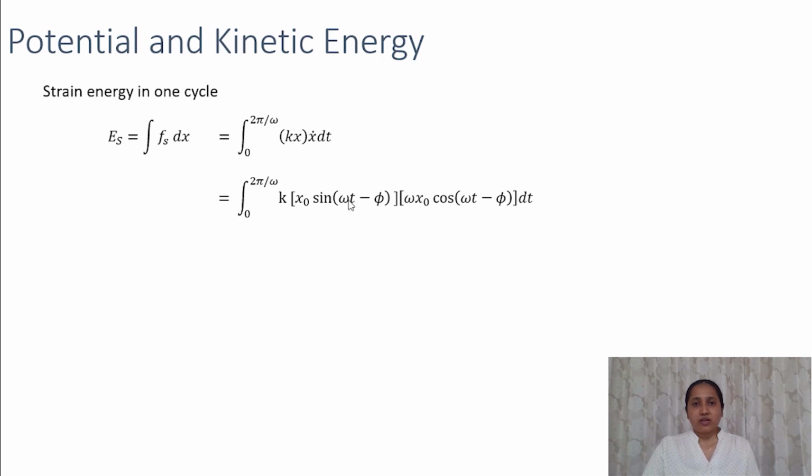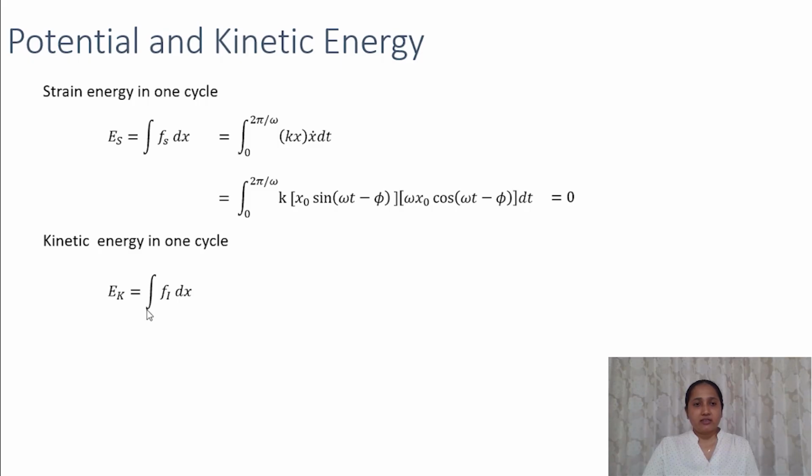So if you multiply the sine function and this cos function and integrate it over one cycle, it would become 0. So the total strain energy in one cycle of the steady state motion is equal to 0. So now let's calculate the kinetic energy in one cycle.